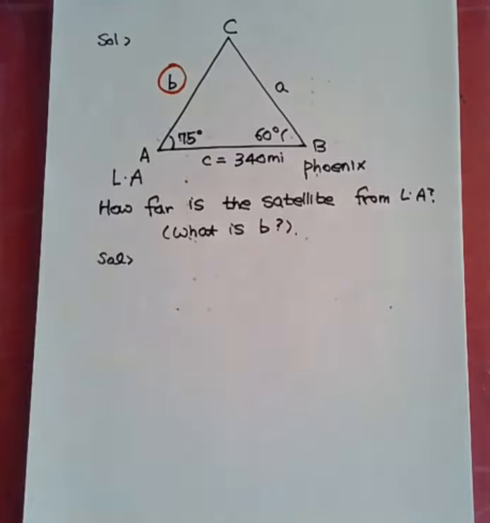If you look at the problem, we notice that the side length C is given, and what I said was whenever we think about the law of sines, one pair of side length and corresponding angle are given.